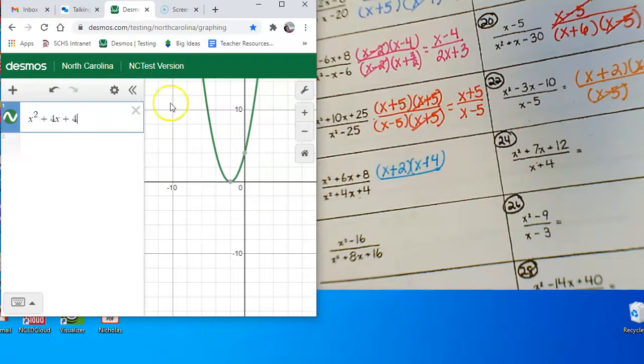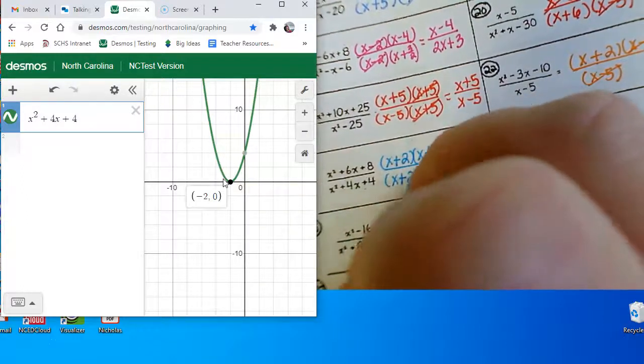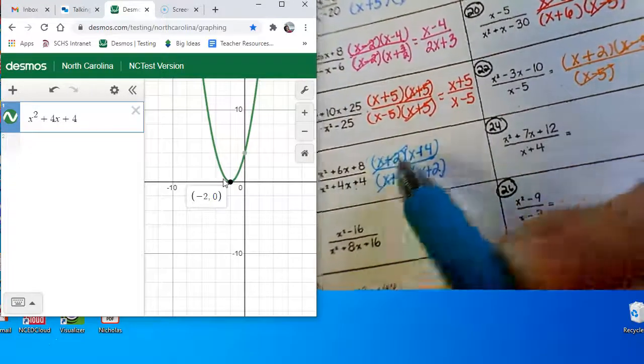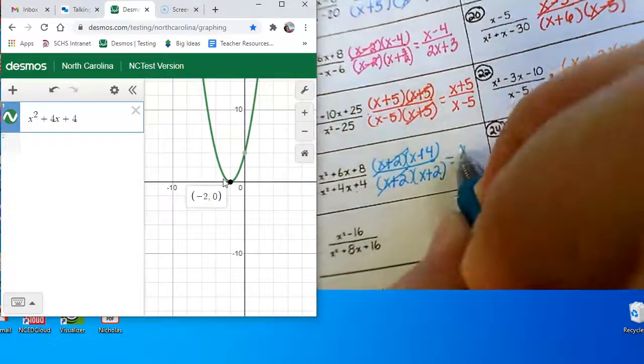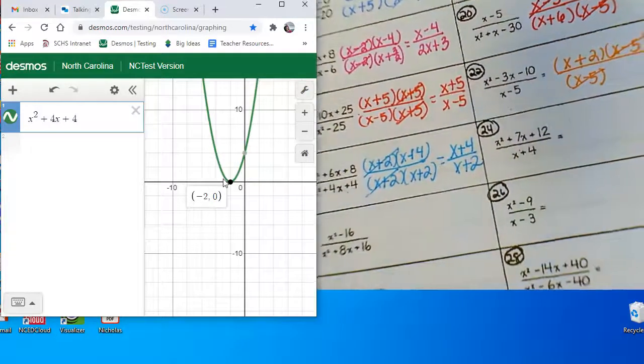You get a negative 2 there. Notice it is a double root. So what we do is we put an x plus 2, and then we put another x plus 2 anytime that double root happens. X plus 2's go away, and you get x plus 4 over x plus 2.